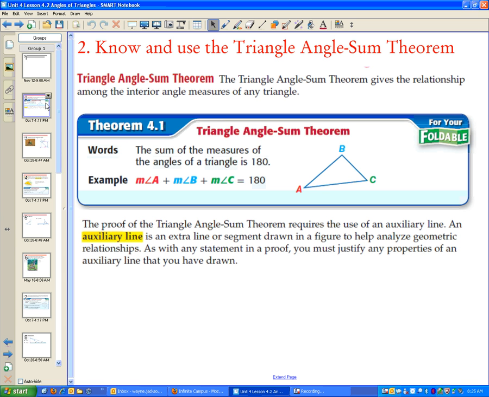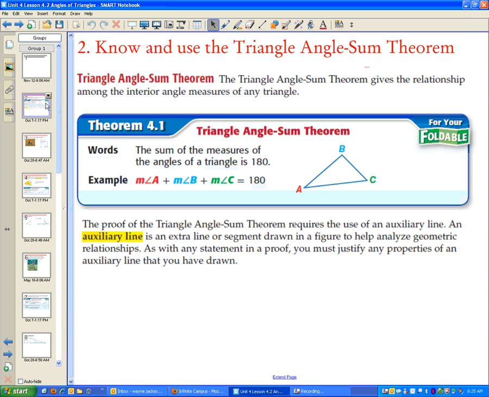So no matter what kind of triangle it is, whether it's acute, obtuse, right, equilateral, isosceles, scalene, it doesn't matter. No matter what kind of triangle you have, the sum of the measures of the three angles will always equal 180. Okay? How often will the sum of the measures of the angles equal 180? Always. Every single time. Okay.